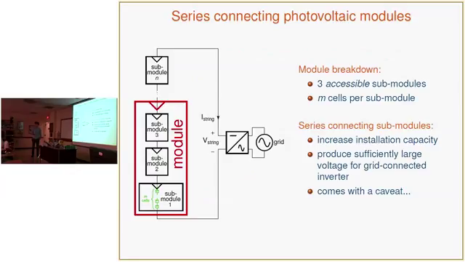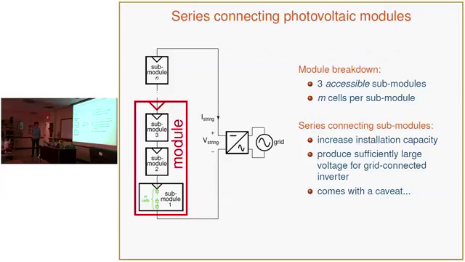And each of these submodules are accessible through the junction box on a PV panel. And that's typically where the bypass diodes are connected. And that's where the power electronics will be connected when I talk about the topology that I've been working on. And if you want to know why you want to do maximum power point tracking at the submodule level, just ask at the end of the presentation, and I'll let you know why that's beneficial.